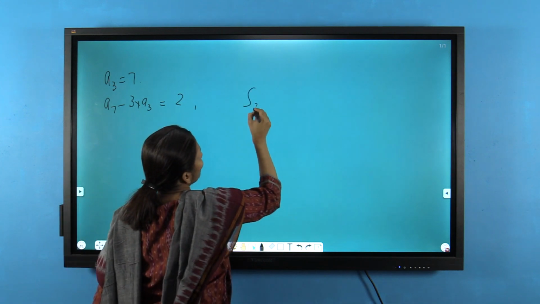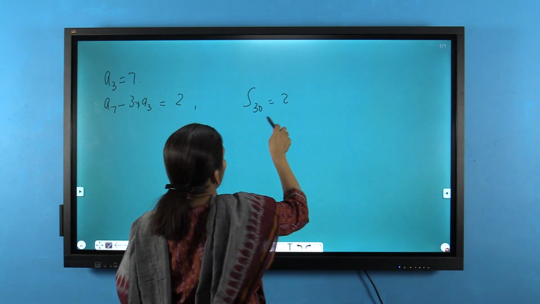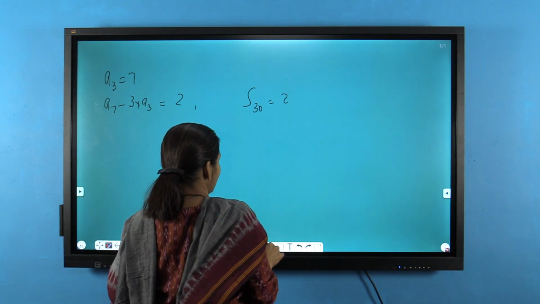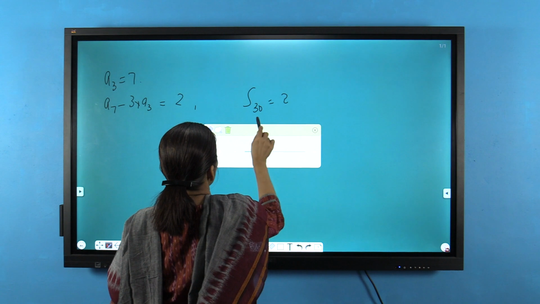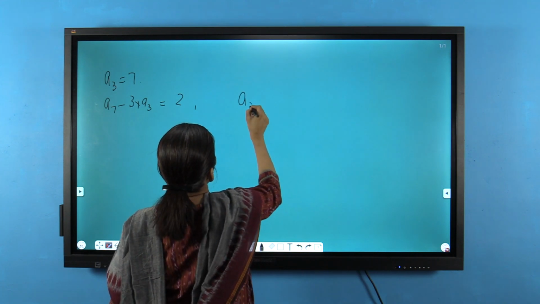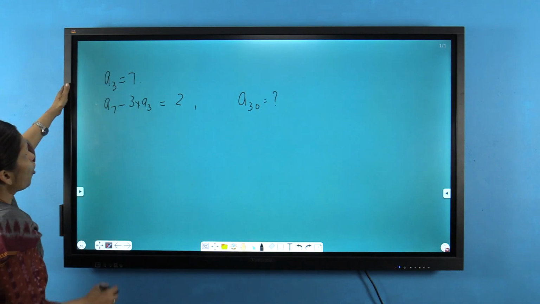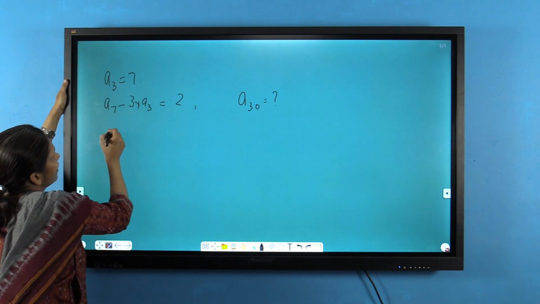Find the sum of the first 30 terms, or before that, find the 30th term. So, this is what A7, A3 is what?